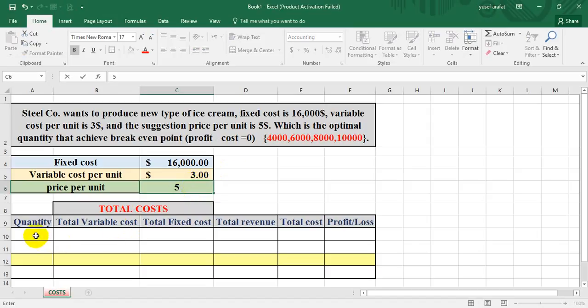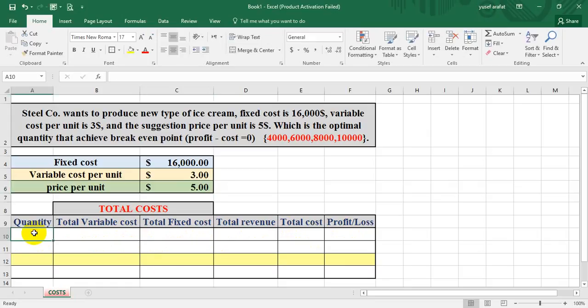Secondly, we have to fill this table also to show the total costs. The first column contains quantities, second total variable costs, third total fixed costs, fourth total revenues, fifth total costs, and sixth profit or loss.